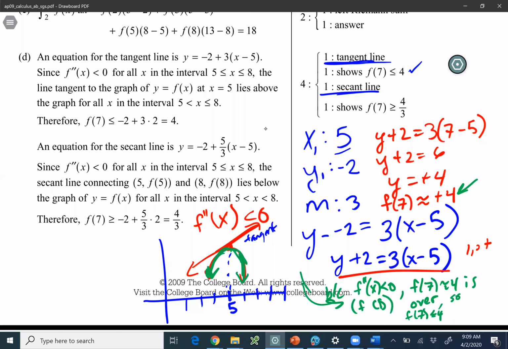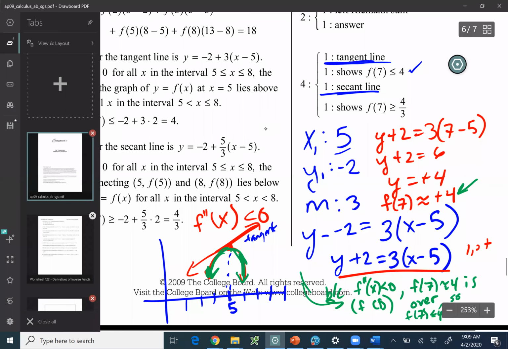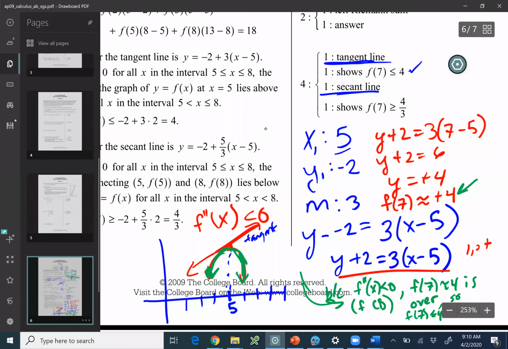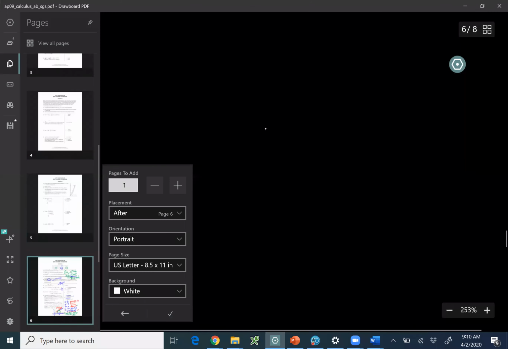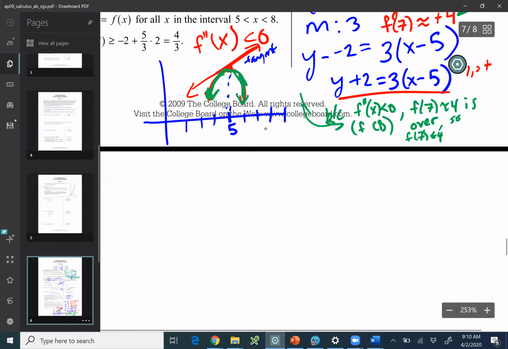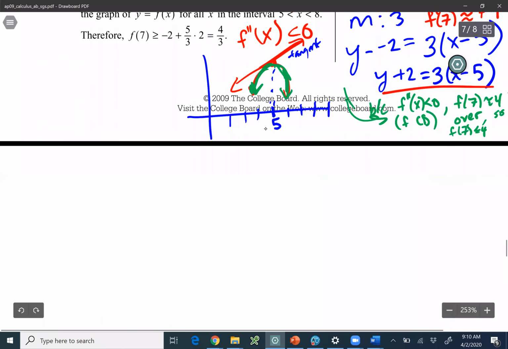So for the secant line, and let's try to add another page in here if we can. Now they wanted the secant line from 5 to 8.